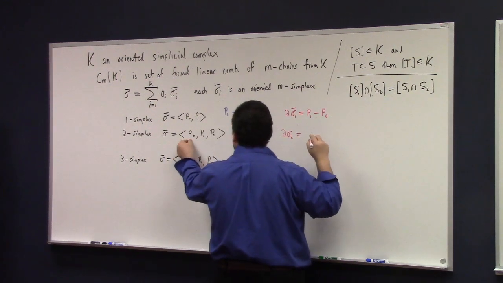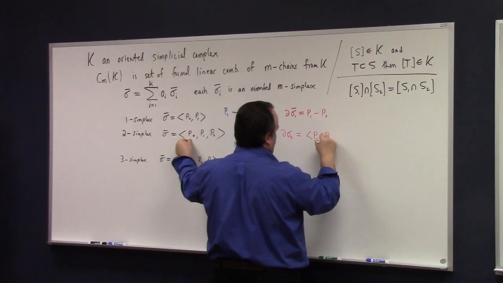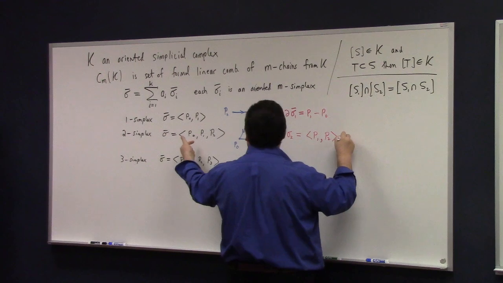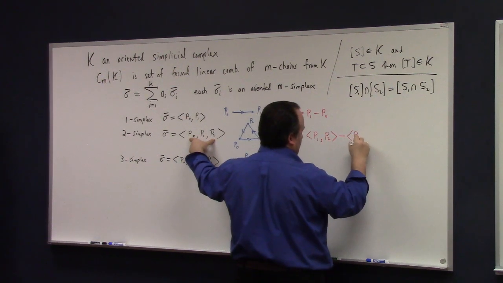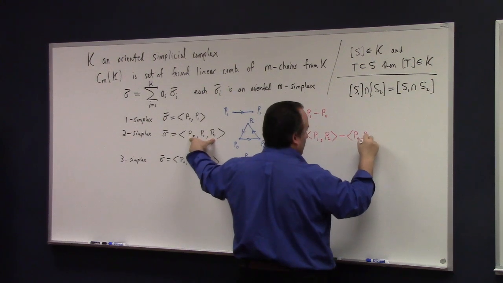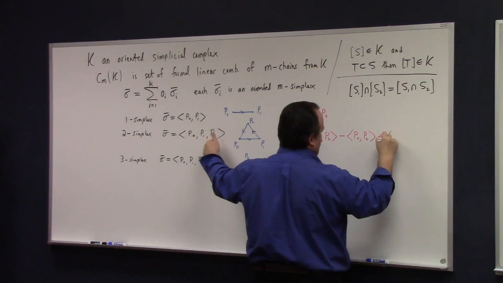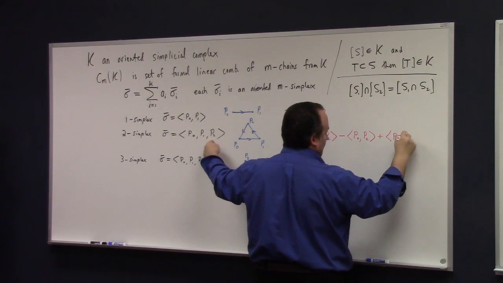You delete the first one, and you leave the last 2. And then, as you go over, you put minus and plus. So then minus, you delete the middle one and leave the first and the last unpermuted, okay? And then I go plus, minus, plus the P0, P1.